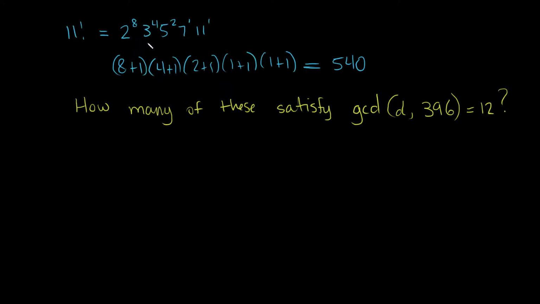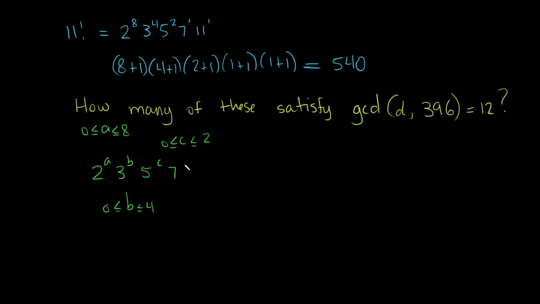And that method was to say, take any power of 2, 2 to the a, where a is between 0 and 8, and then take any power of 3, 3 to the b, where b is between 0 and 4, because of this 4 up here, and again the 8 is coming from there. Then multiply by any power of 5, where this power has to be greater than or equal to 0, but also less than or equal to 2.